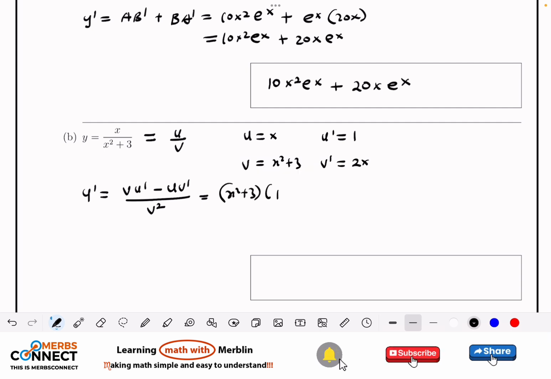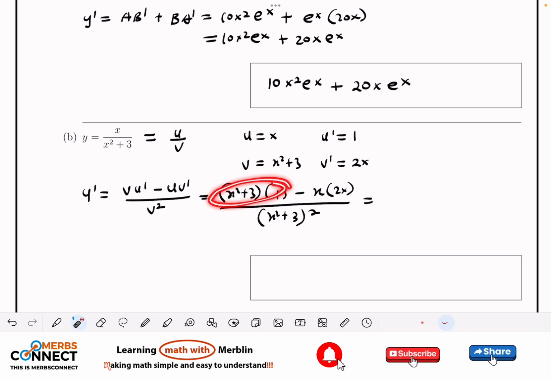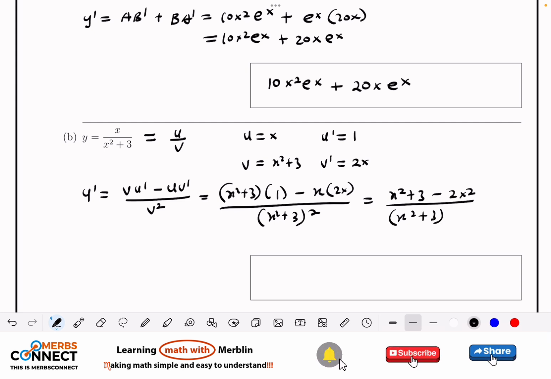times u prime, 1, minus u, which is x, times v prime, 2x, all divided by v squared, which is x squared plus 3 all squared. So let's simplify. When I multiply 1 through, I have x squared plus 3 minus 2x squared, divided by x squared plus 3 all squared.